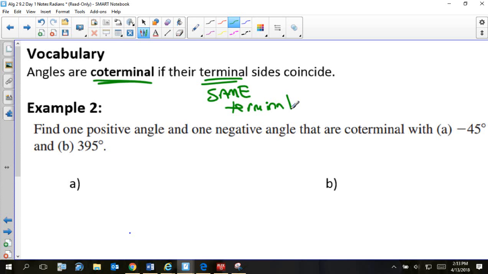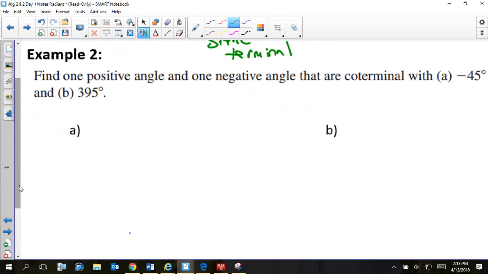Here there's two examples. For example A, negative 45 degrees. If I go to negative 45 degrees, I will end up here. That's a reference of 45 degrees.